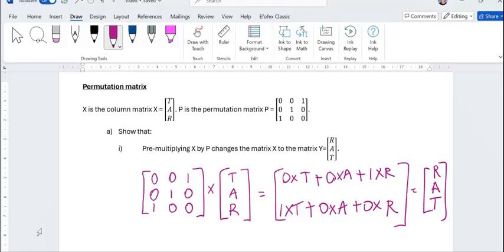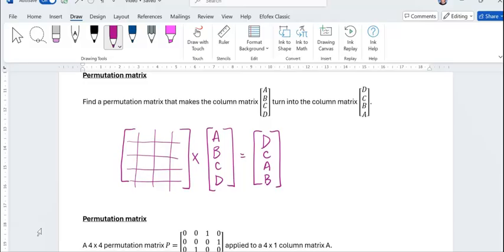We can ask the same kind of question in a few different ways. The second example in your booklet asks us to find the P matrix, or the permutation matrix. It doesn't give us the starting point; it gives us the original matrix and the answer, and then tells us to figure out backwards what P would have to be to make that happen.